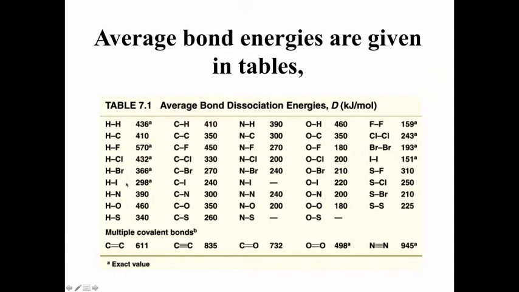And if you look at the table, you'll see that in general bond energies are in the several hundred kilojoules per mole range. Some are quite high, like the nitrogen-nitrogen triple bond is 945 kilojoules per mole, and some are fairly small, like for example iodine to iodine is only 151 kilojoules per mole.